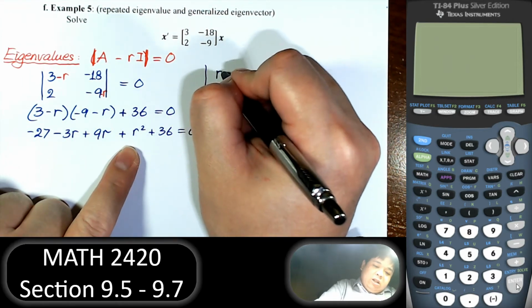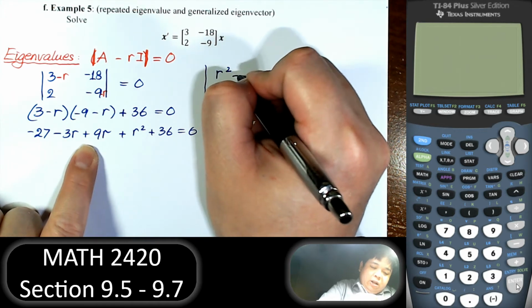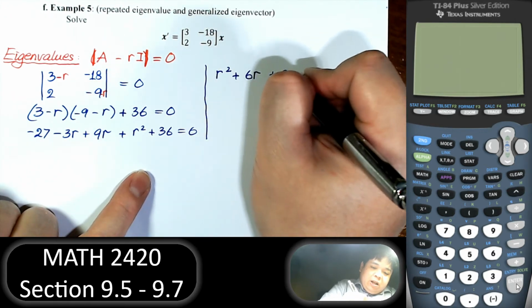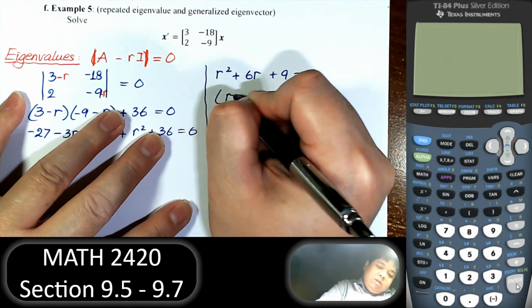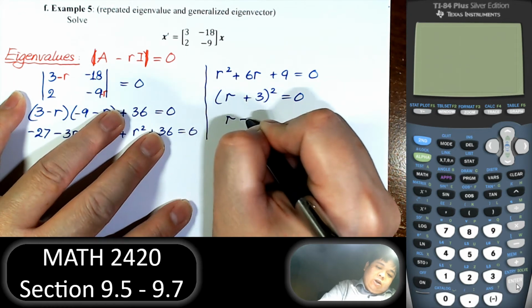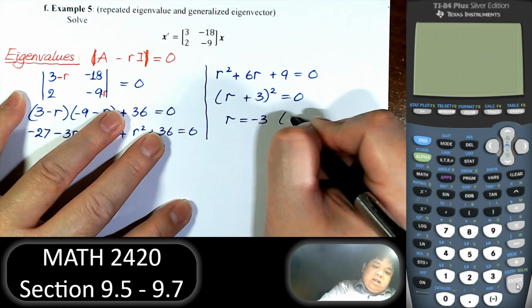So combine like terms, R squared plus 6R plus 9 equal to 0. This one can be factored, (R + 3)(R + 3). So R equal to negative 3, that is the double root.